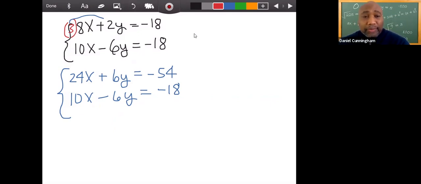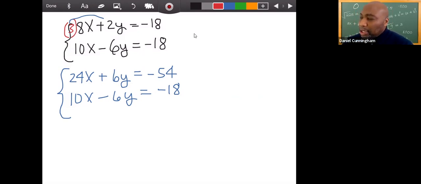In that case, I have to multiply by a negative number, either the top or the bottom equation. The x's are 8 and 10, so you could multiply the top equation by 10 and the bottom equation by a negative 8. That gives you 80, and when you add them, that will eliminate the x. But right now, let's just focus on the y's.